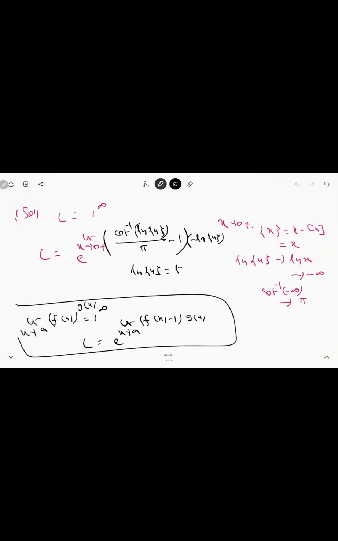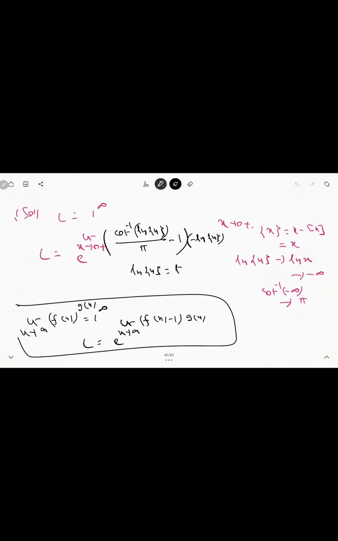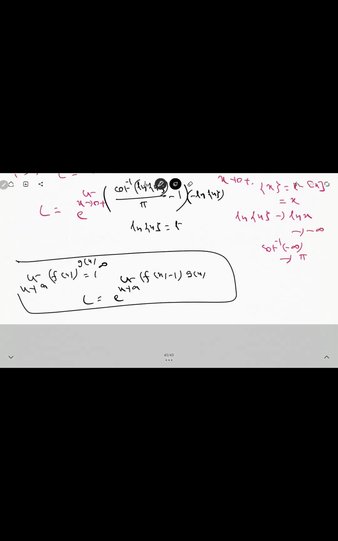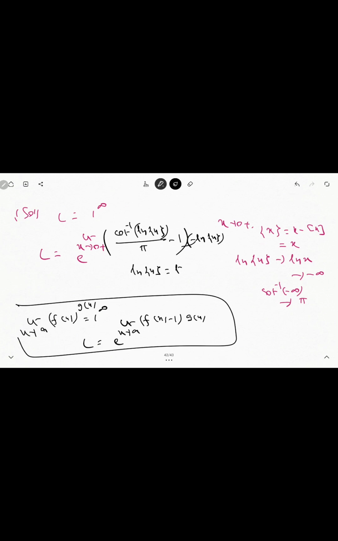E power limit x tends to 0 plus, take LCM also, (cot inverse t minus pi) or (pi minus cot inverse t) by pi into t. Because why? I multiplied with minus here, outside is minus now. So if you take LCM, actually minus pi is there.